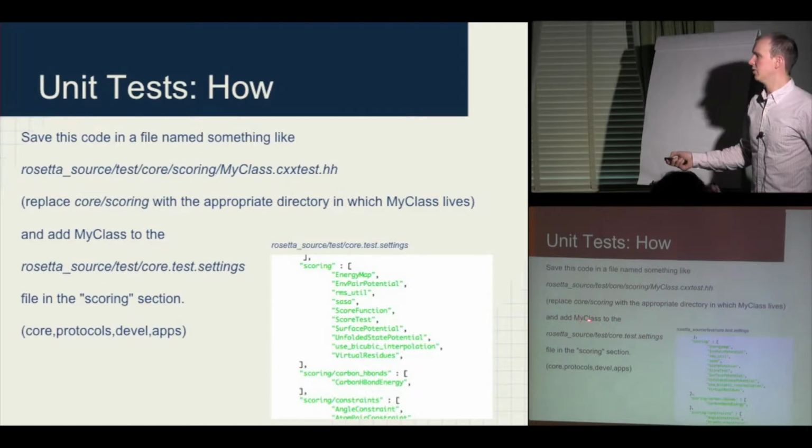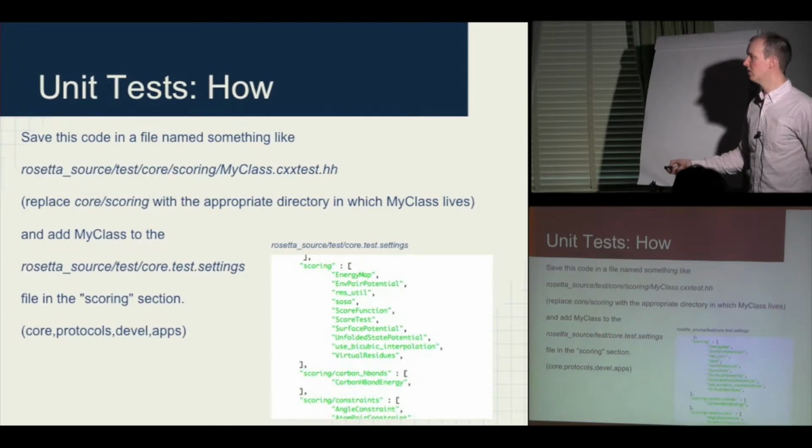You add the word my class to this core.test.settings file found in the test directory. So a lot like the utility.source.settings that you see in the source directory, there's a corresponding utility.test.settings or core.test.settings file in the test subdirectory.